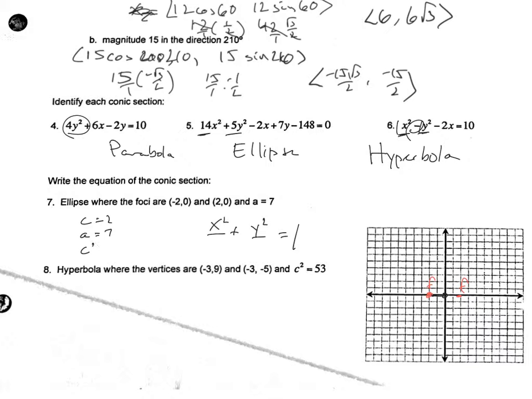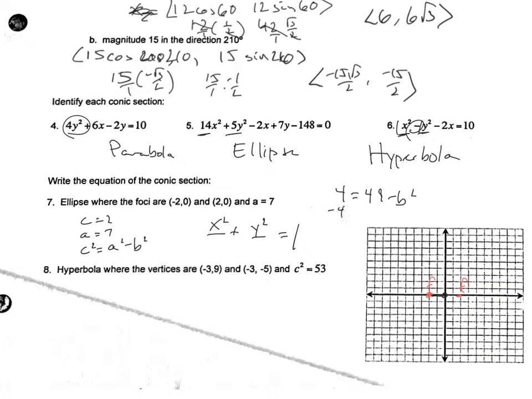The formula is c squared equals a squared minus b squared, and so we get 4 equals 49 minus b squared. Let me move this over here. 4 equals 49 minus b squared.